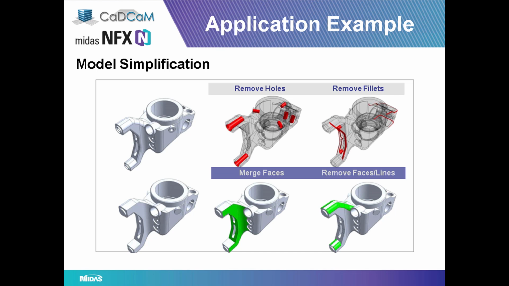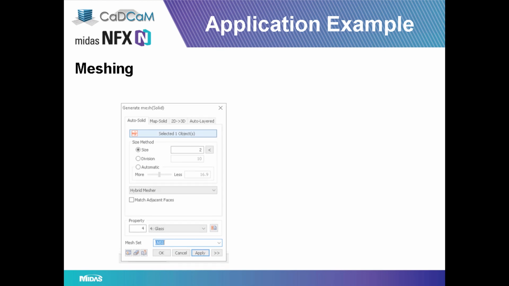The outcome will be a very simple model by removing holes, removing fillets, merging surfaces, and removing small faces and lines. This gives us the opportunity to have very high quality meshes. Let's see that afterward in the meshing paragraph.